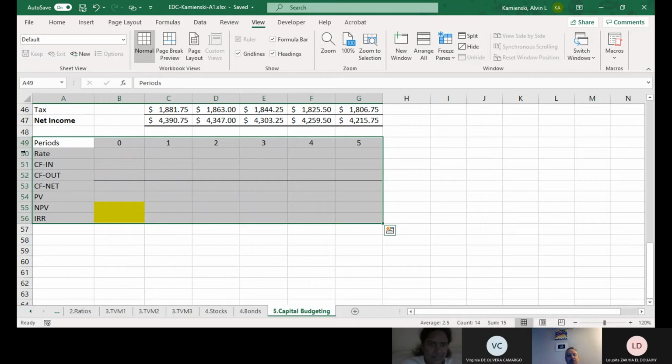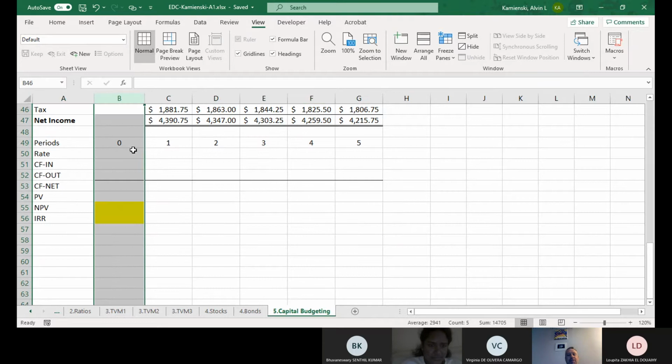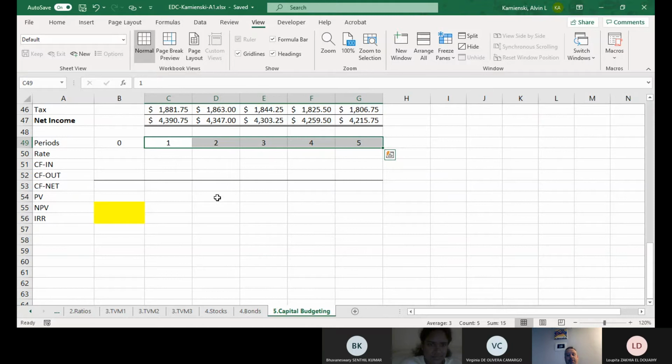The time then will determine our present value that will then help us define our net present value based off of our total cash flows that occur starting now. Lupita, remember we talked about period 0 just a second ago. This is period 0 right now versus periods 1 through 5.